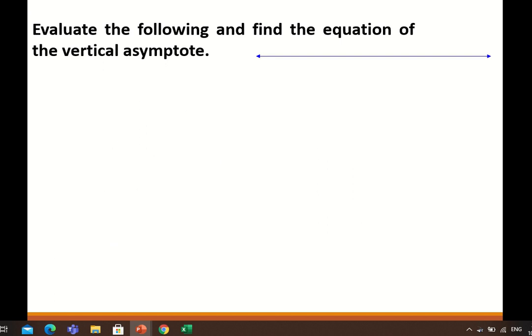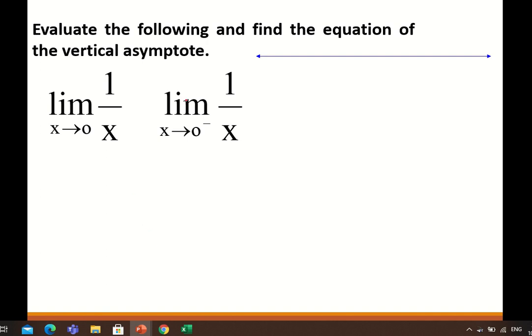Okay, so next, we have here: evaluate and find the equation of the vertical asymptote. We're given a function, 1 over x, and we're asked to determine the limit of this function 1 over x as x approaches 0. The same way, we have to find out the limit of 1 over x as x approaches 0 from the left.